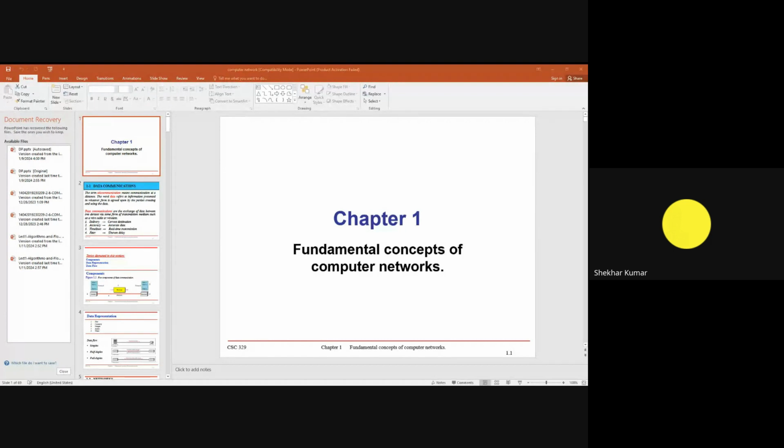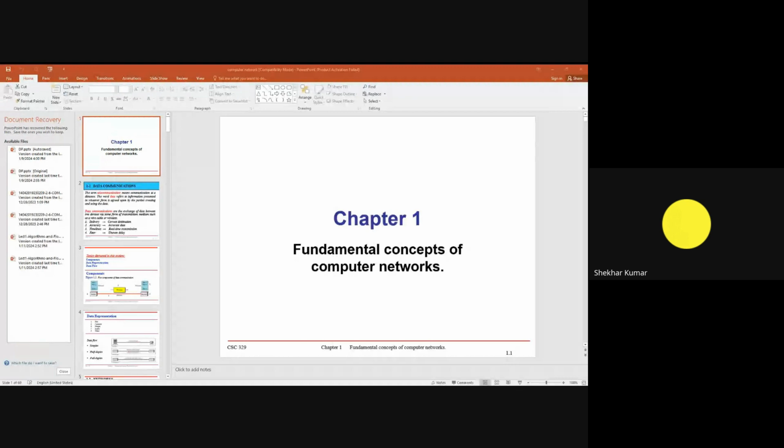Then the internet could carry all this information from one place to another, from one node to another node.